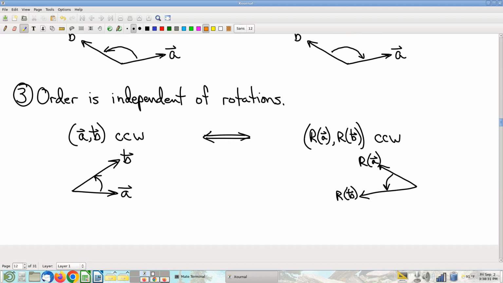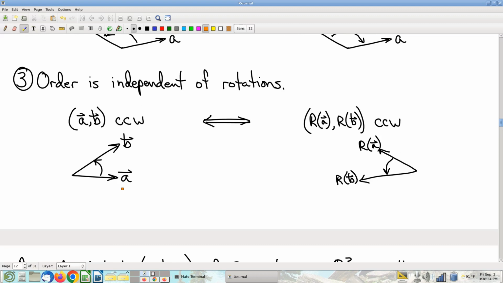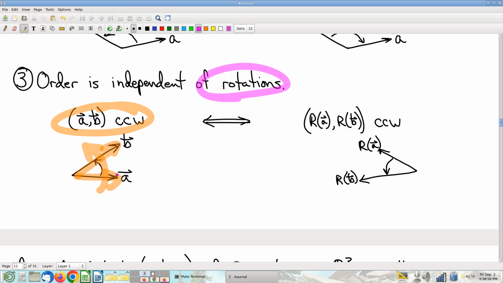Last observation, this is again highly believable. It's just a matter of thinking it through. If you have a list of vectors A, B, and that list is counterclockwise, and you then take both of the vectors in that list and rotate them all the same amount, so you do a rotation, all the vectors rotating by the same amount, the result is going to be another list that will also be counterclockwise.